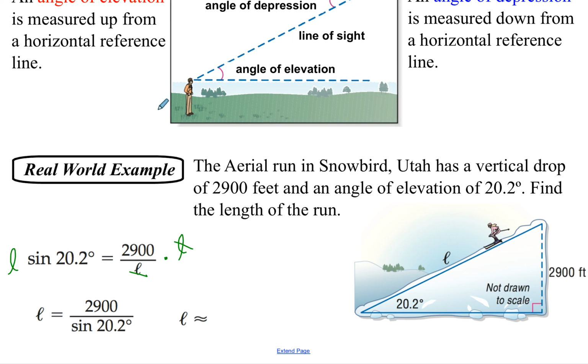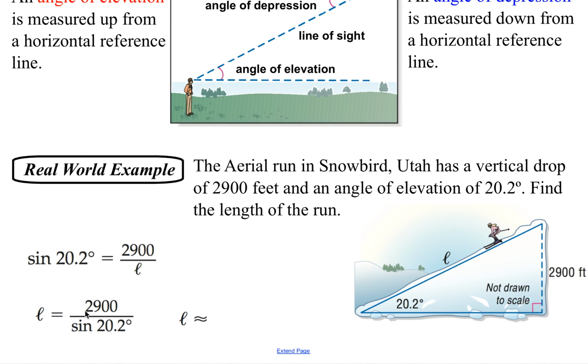So just to give you an idea of what's going on here, take this side and divide it by sine 20.2 degrees, and do the same thing over here, sine 20.2 degrees. So we have 2,900 over the sine of 20.2 is equal to, so these two would cancel over here, is equal to L. It's a little bit confusing there, sorry about that.